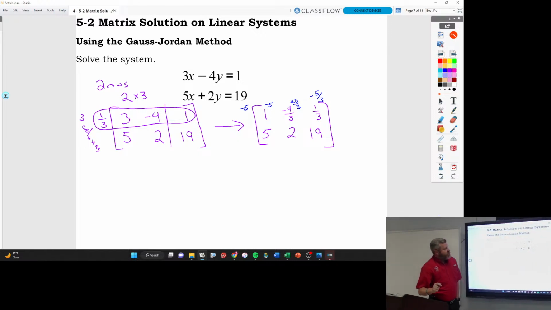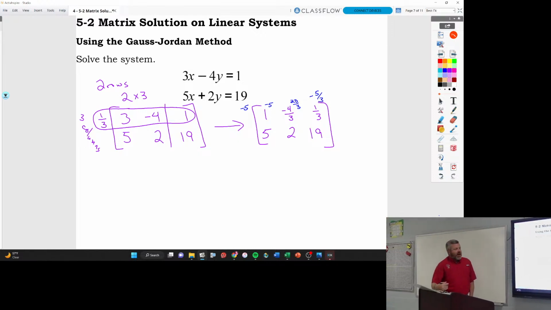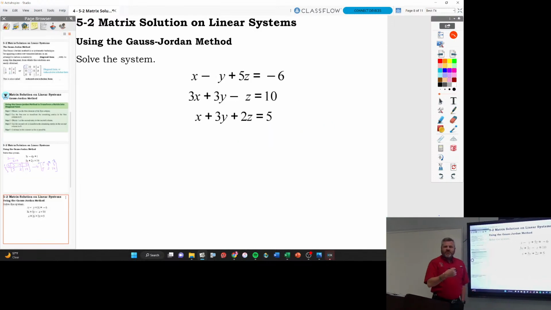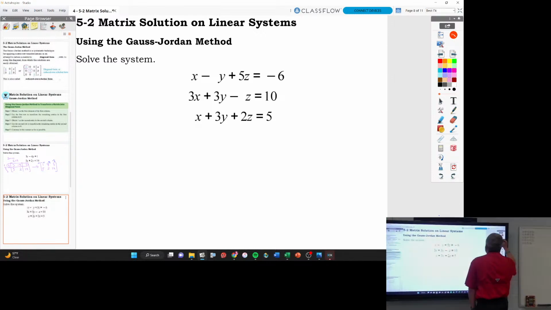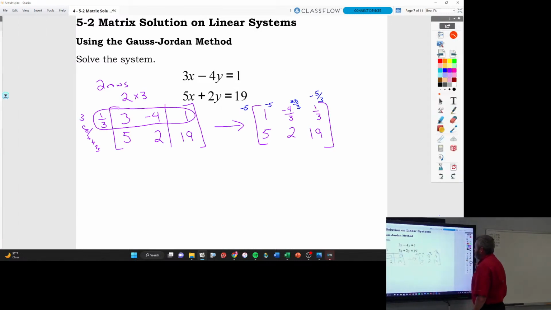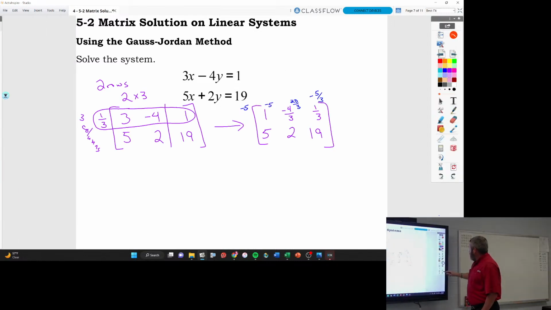And so what I've written there in blue is the exact same line as row 1. It just looks a little different because I multiplied it by that scalar. And if you remember, that is a legal move. Now that I've done that, I am going to do some combining.